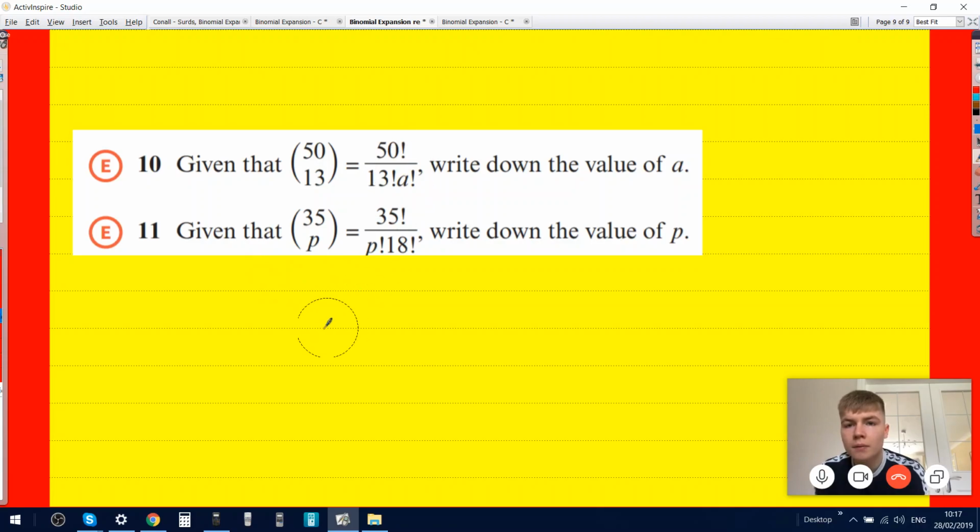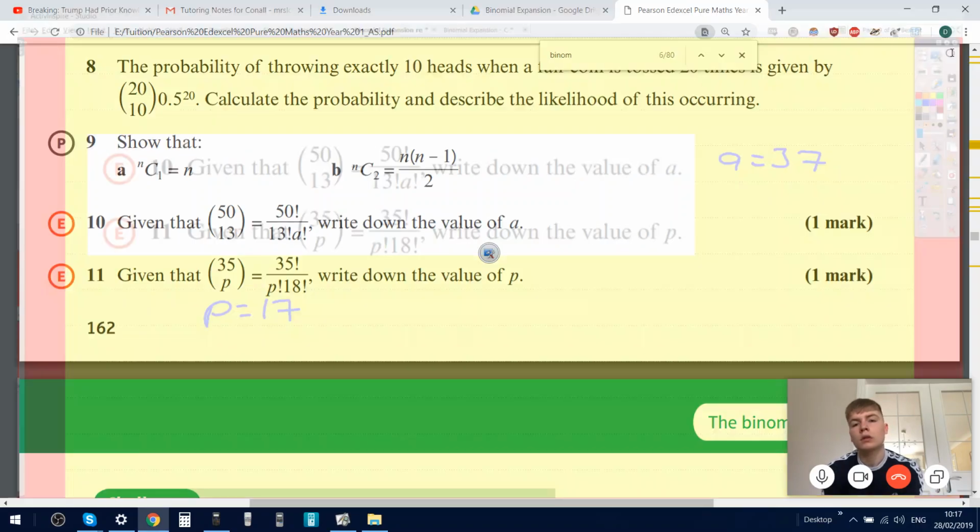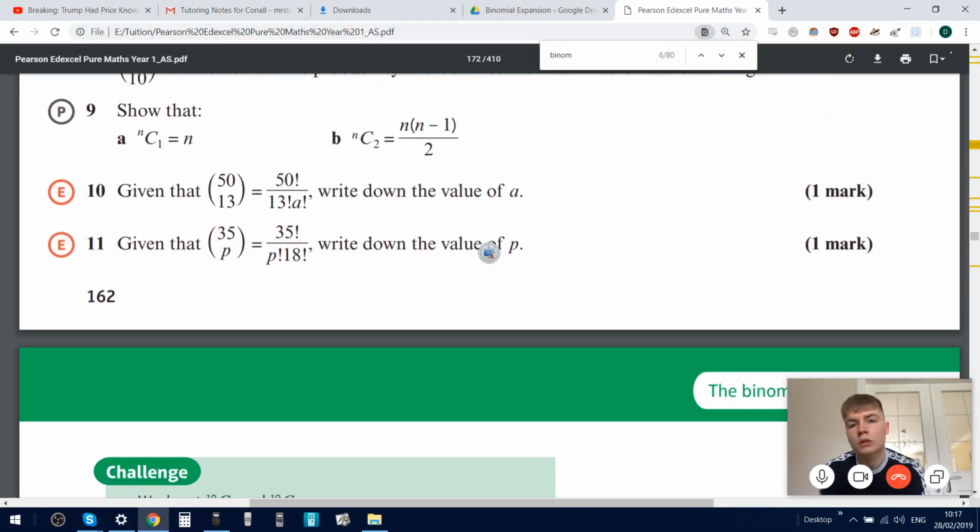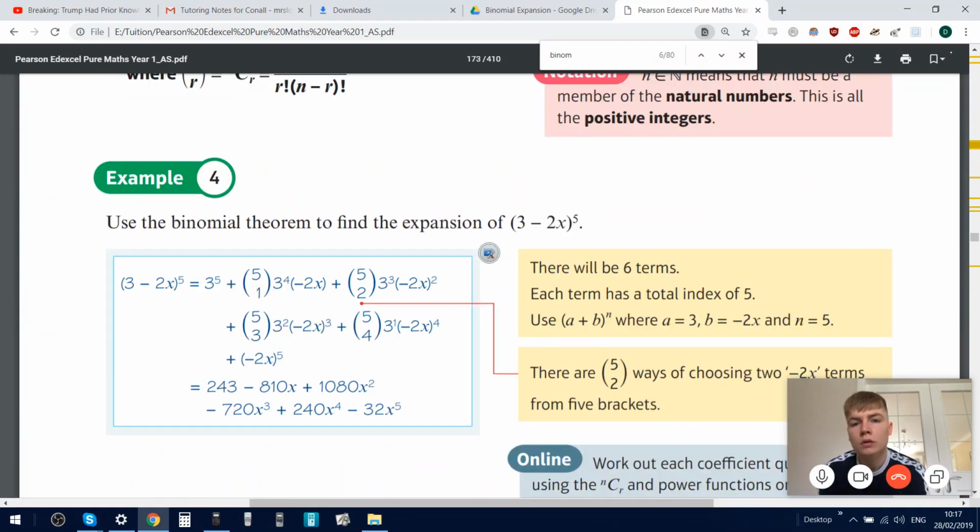And so what number is it? A would be 37. Yep, that's it. That's all there is to that. How about this one? P is 17. That's all that is. So those are 2 one-markers. So that's section B.